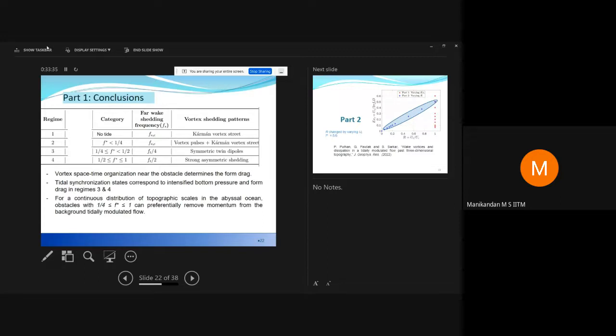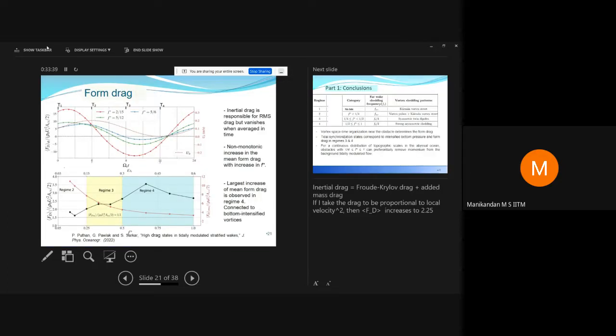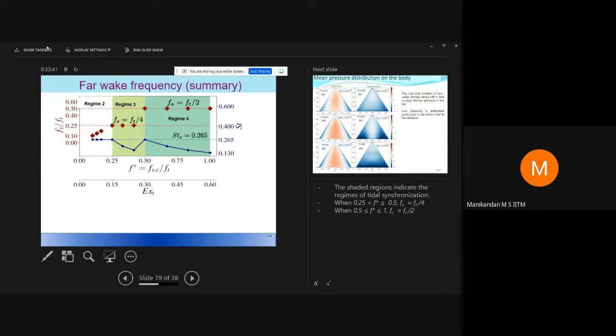Sure. One is on slide 19. There is a dip in the blue. Why is that? Because the actual shedding frequency locks onto Ft over 4. But here what we are doing is that your f_s over f_t is changing, right?